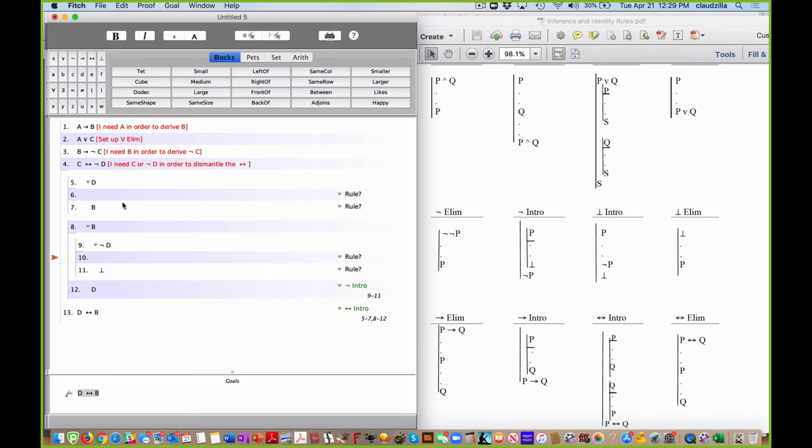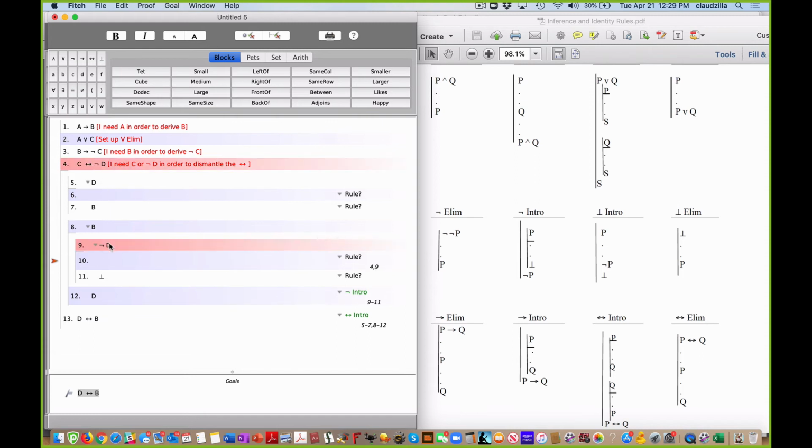Well, take a look at lines 4 and 9 and you get C. Do you automatically get your contradiction?